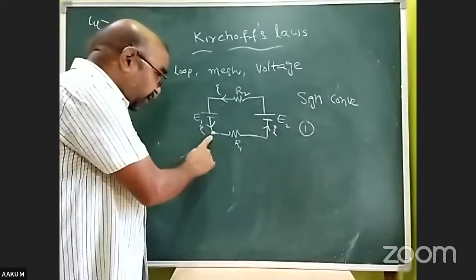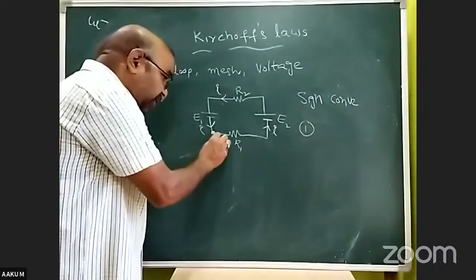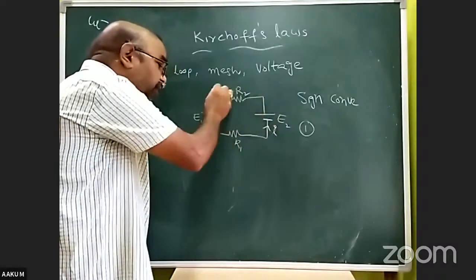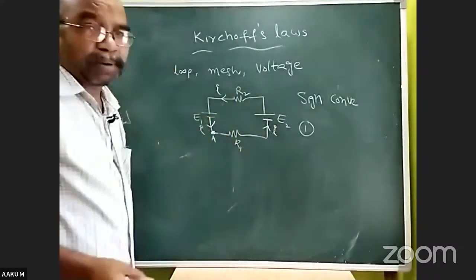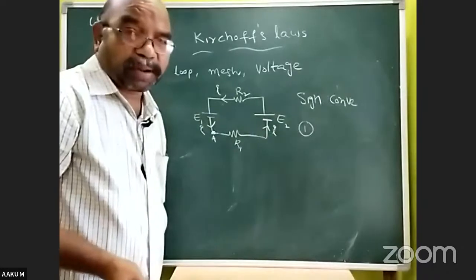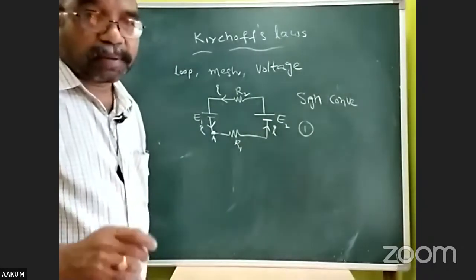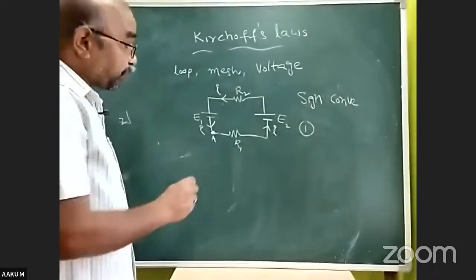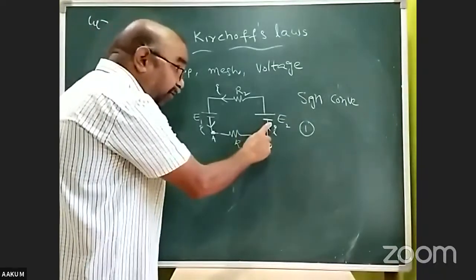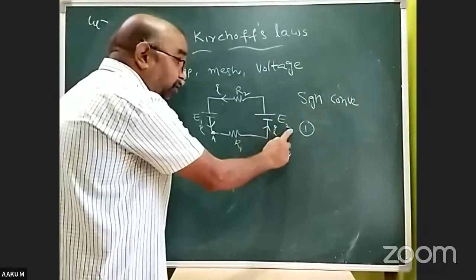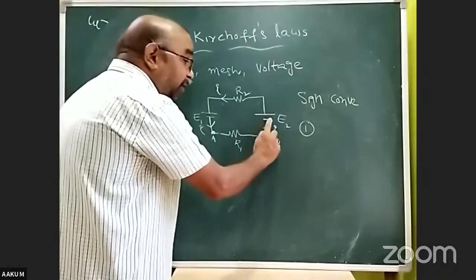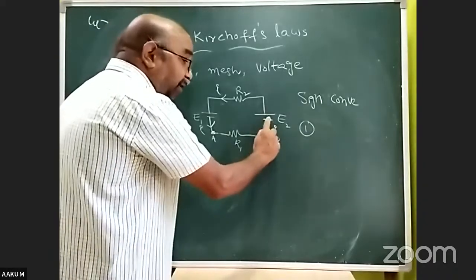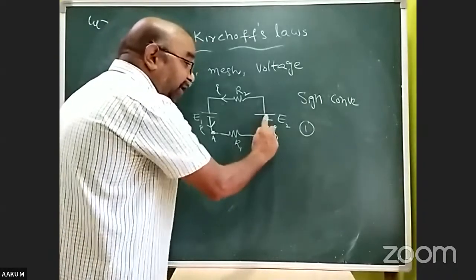I started at point A of the circuit. I have to come to this point A once again. Here, a cell of electromotive force E2 volts. I'm entering into the cell through the negative terminal.